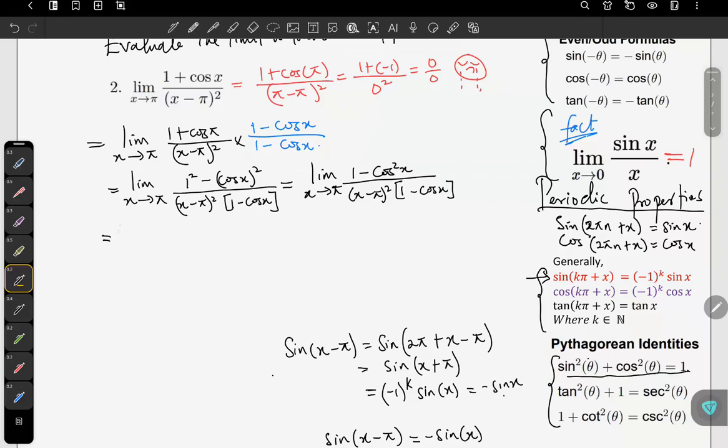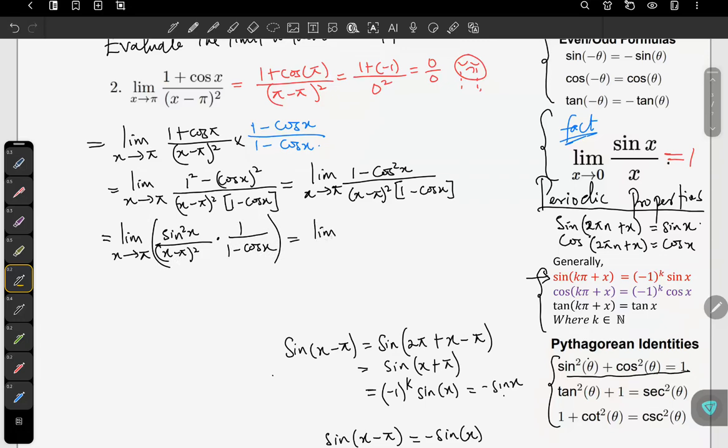That means this is the same thing as the limit as x tends to pi of sine squared x over x minus pi squared times 1 over 1 minus cos x. Fine. And again, this can be split into the product of two limits.